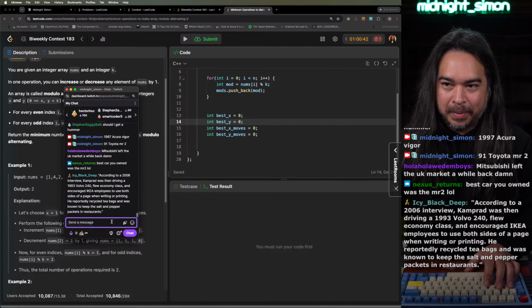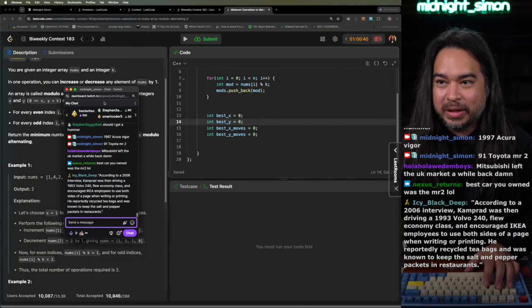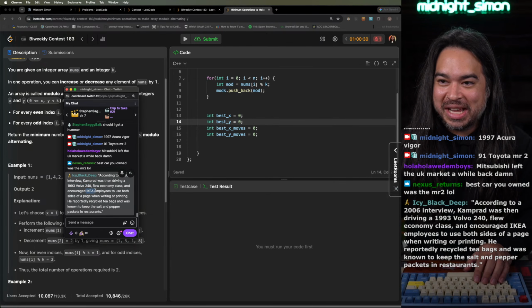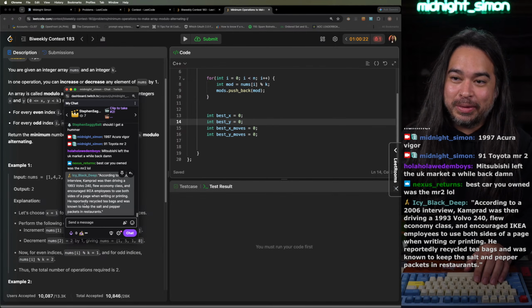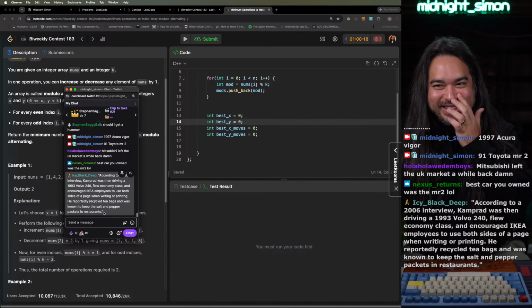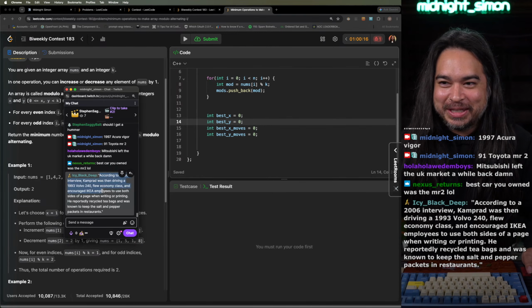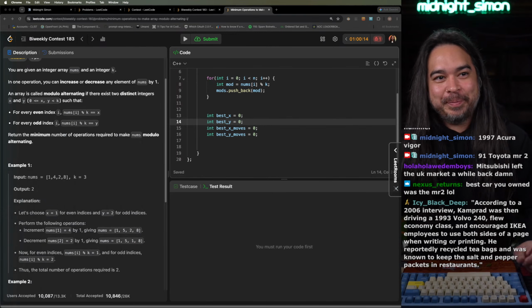Anyways, according to a 2006 interview, Kamprad was then driving a 1993 Volvo 240, flew economy class, and encouraged IKEA employees to use both sides of a page when writing or printing. He reportedly recycled tea bags and was known to keep the salt and pepper packets in restaurants. I guess I do similar things to this guy, man.